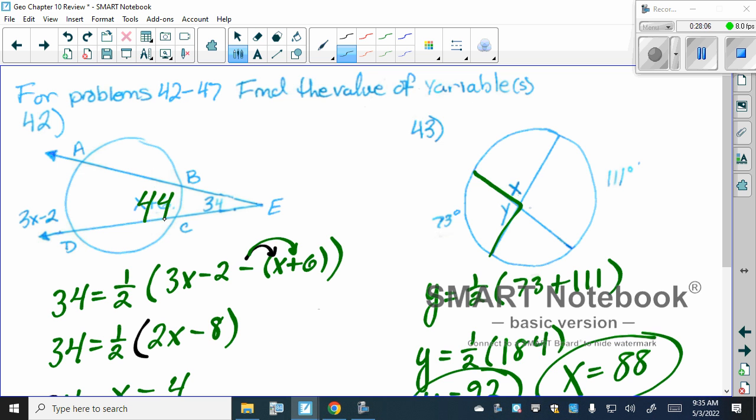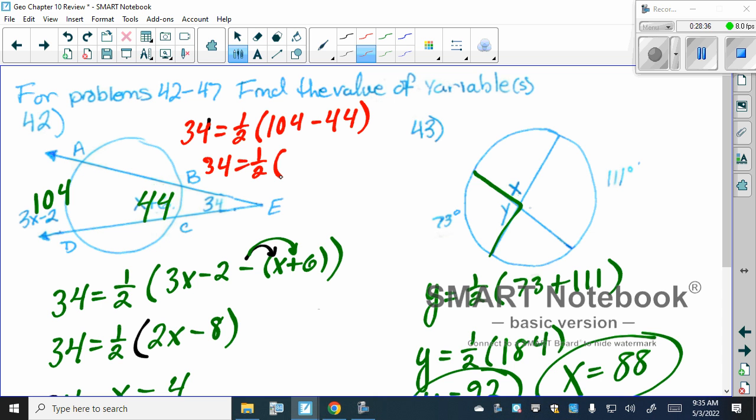Because 38 plus 6 is 44. 38 times 3 minus 2 is what? So what we're saying is that 34 is equal to half of 104 minus 44.